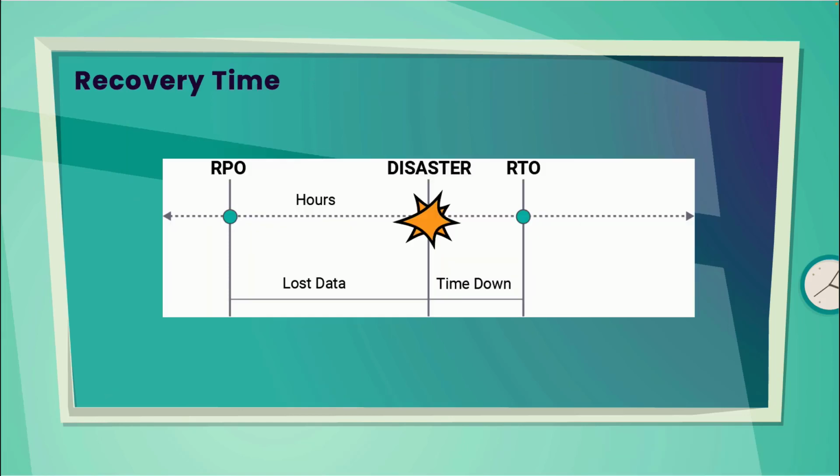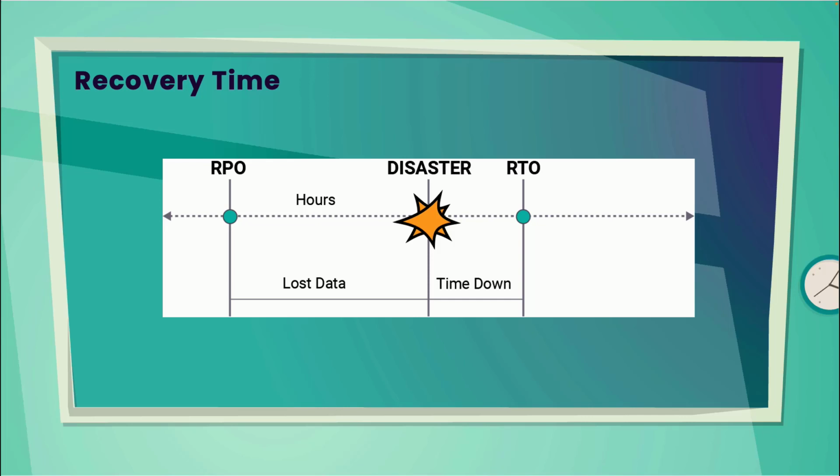For this sake as well, we have defined two factors or two parameters or metrics to be used in the BCP. The first one is called recovery point objective, and the second one is called recovery time objective, RPO and RTO. So the RPO actually is the amount of lost data.